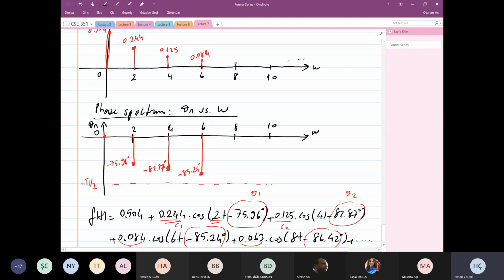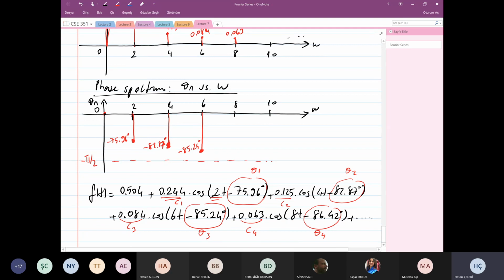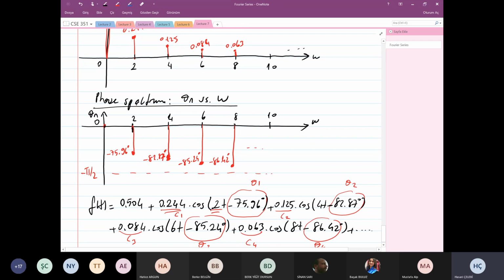And then C4 is going to be 0.063, and the corresponding phase is going to be minus 86.42, and so on. We can do for the others.